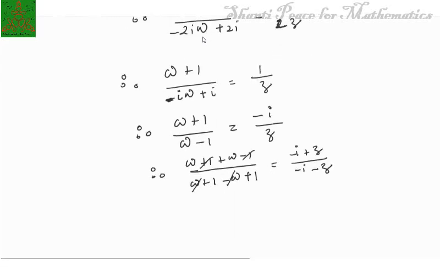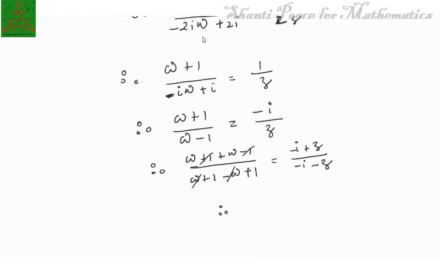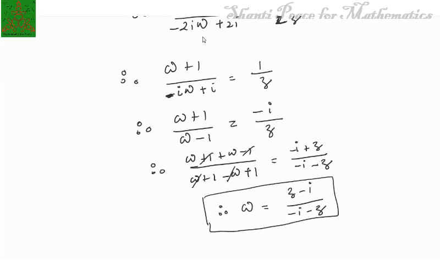So finally you will have W equal to Z minus i upon minus i minus Z, which is your required transformation, which transforms the given points to those points. That gives you one example.